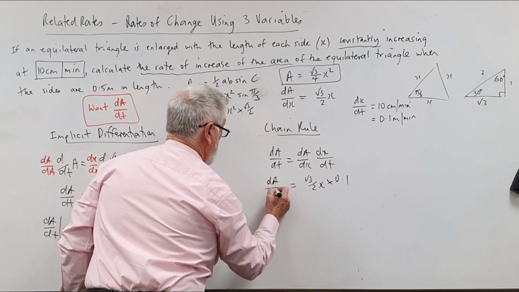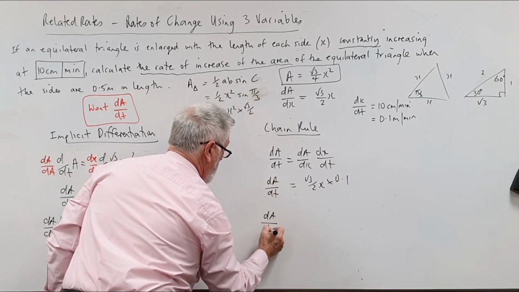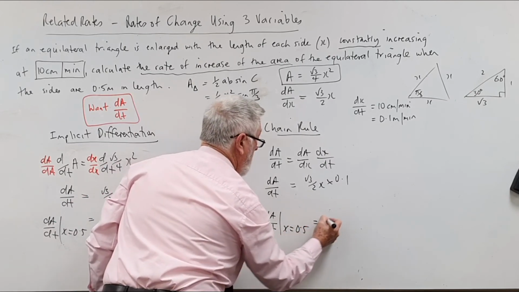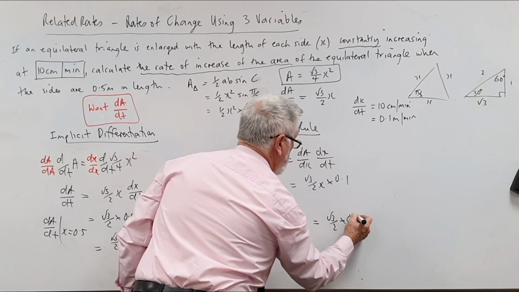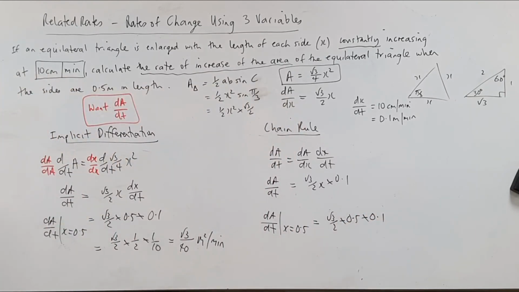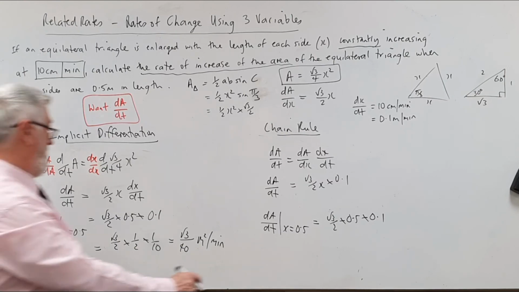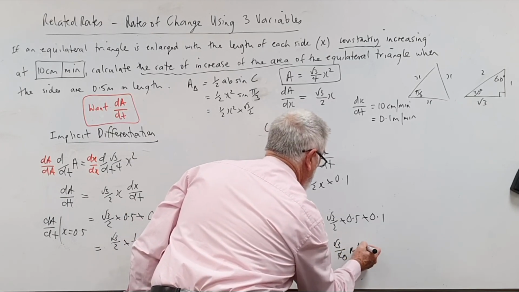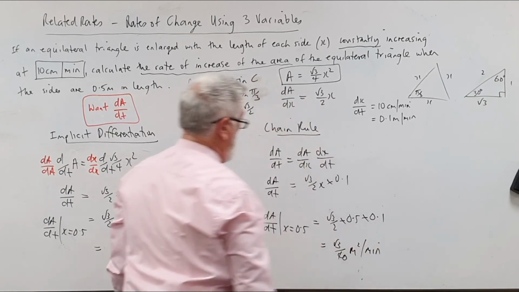And then, I could have done it all in one line, dA dt when x is 0.5, and you're back to the same calculation. And again, I did as decimals when it's better to do it as fractions. Easy enough? Yep. Same answer, root 3 on 40. So what I want to do with you guys is say, it's your choice.